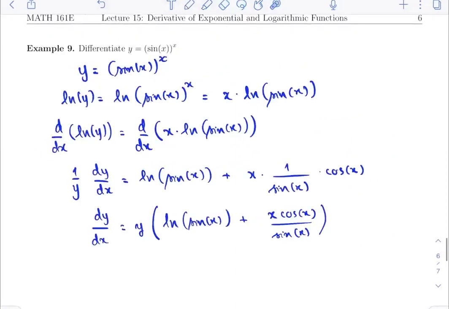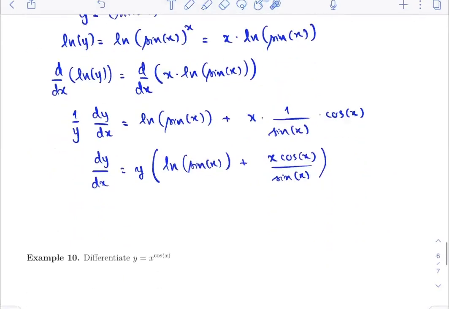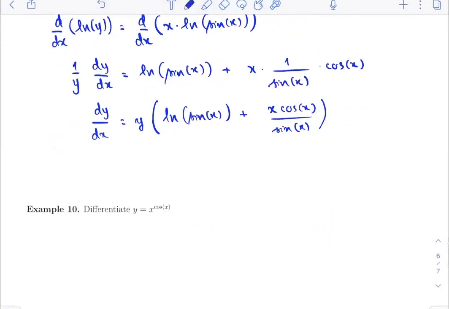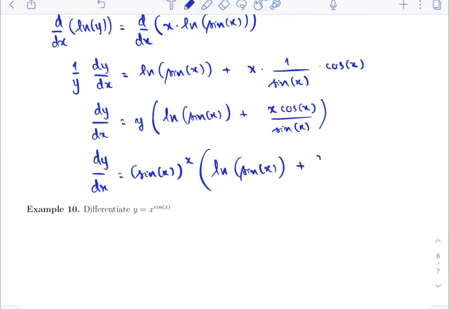Now you substitute y equals sine of x to the x back into the result to obtain the final solution. That is dy/dx equals sine of x to the power x times ln of sine of x plus x times cosine of x divided by sine of x.